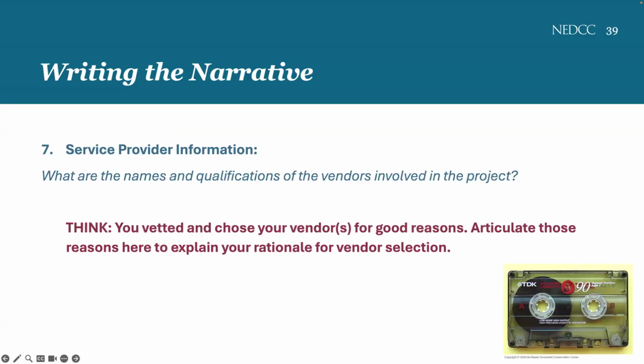Service provider information. So in this section, we are introducing everyone who is involved. It's pretty straightforward and it starts with your vendor's basic contact information. In this section, you're not detailing what they are doing. That's the proposal from the vendor, but rather why you selected them based on technical expertise, cost effectiveness, value of service.